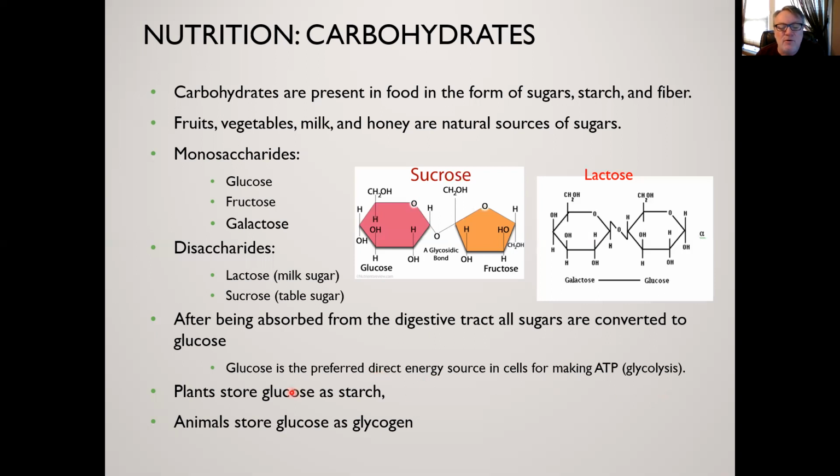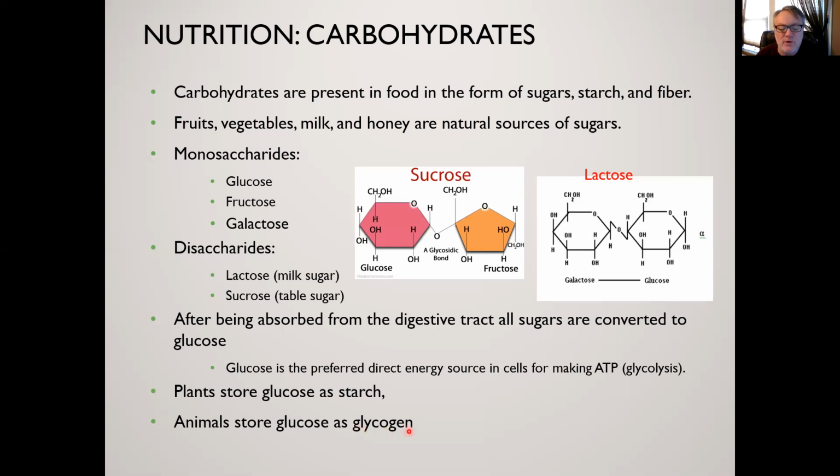Now, glucose is the building block of every carbohydrate, and plants are the source of glucose in the form of starch. And then animals can also store glucose, and this is a molecule produced by the liver called glycogen.